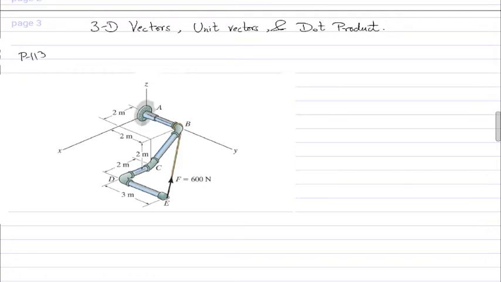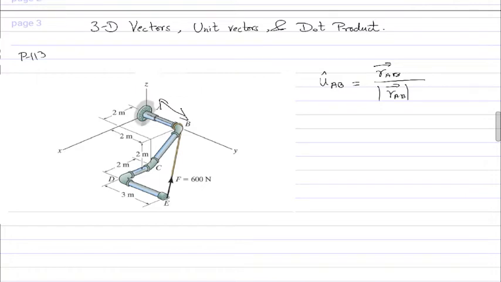Now remember, unit vectors are nothing but vectors that have a magnitude of 1 unit, right? So it's normally denoted by the letter U with a hat. Let's say you're talking about the unit vector along the direction AB. What you're finding is the position vector AB divided by the magnitude of that same vector, so the magnitude of the numerator.